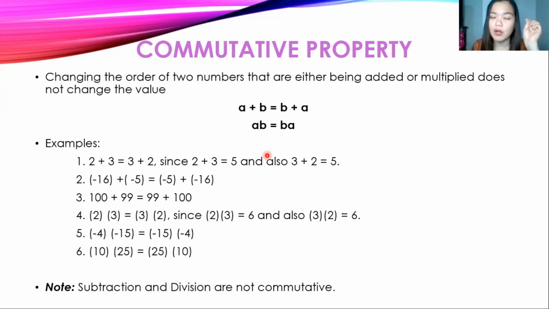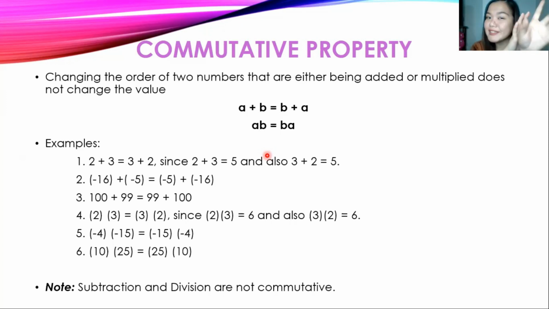Why? Okay, example. 5 minus 3. That's 2. If you reverse it, 3 minus 5, what's the answer? Is it still 2? Wrong.